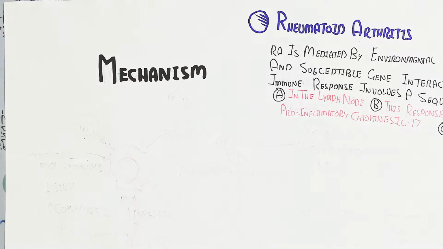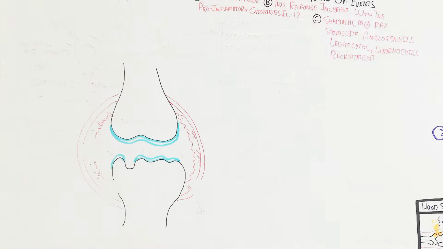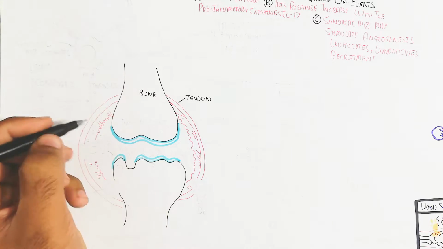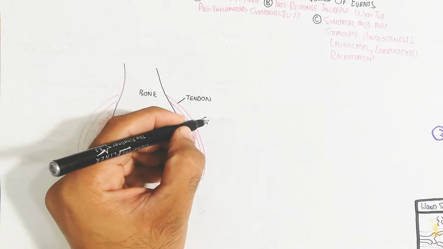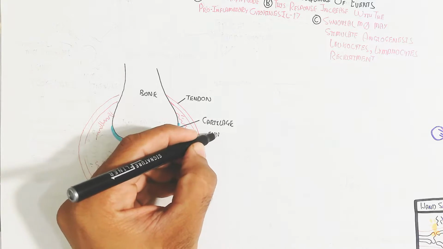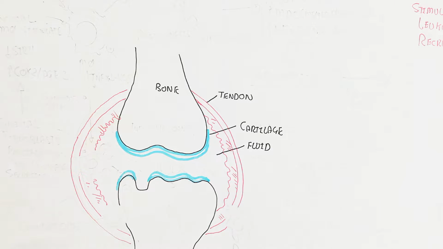Let's begin to understand the mechanism of rheumatoid arthritis and how it is possible. This is the joint, this is the capsular joint. Here is the tendon, which meets bone to bone where the joint occurs. This is the cartilage, which surrounds where the joint meets and decreases friction.